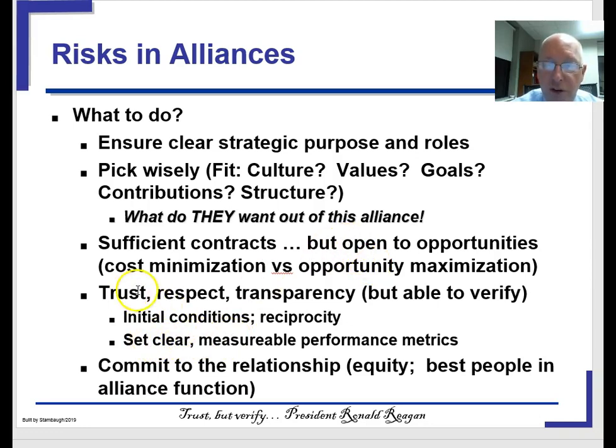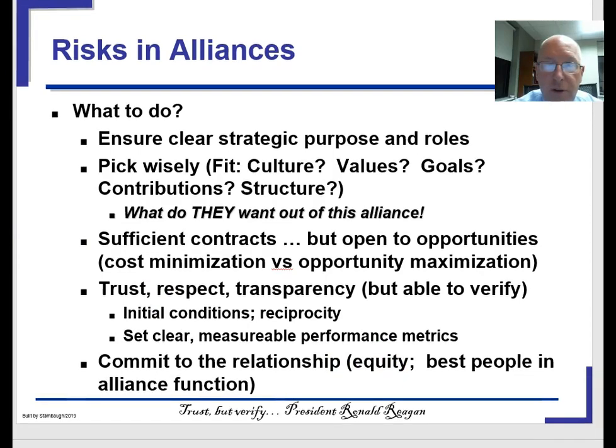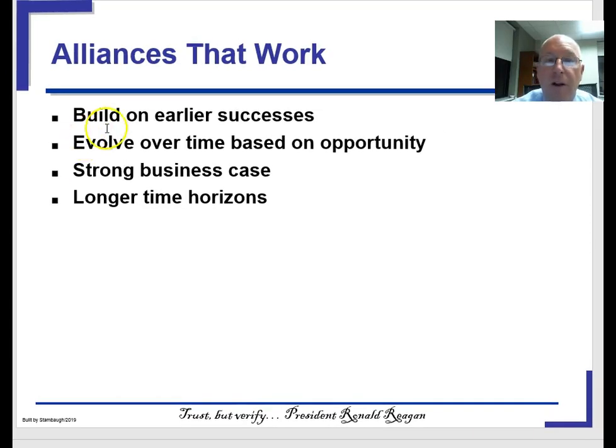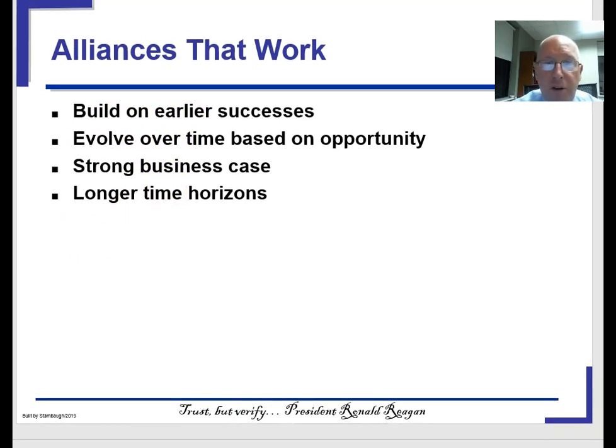Make sure you remember that trust, respect, and transparency that is verified and verifiable is the key. And so there's some interesting things that happen here. And then also remember what tends to make the most successful alliances on this point. I don't think there's a direct test question off of this chart, but this is a good thing to keep in mind.